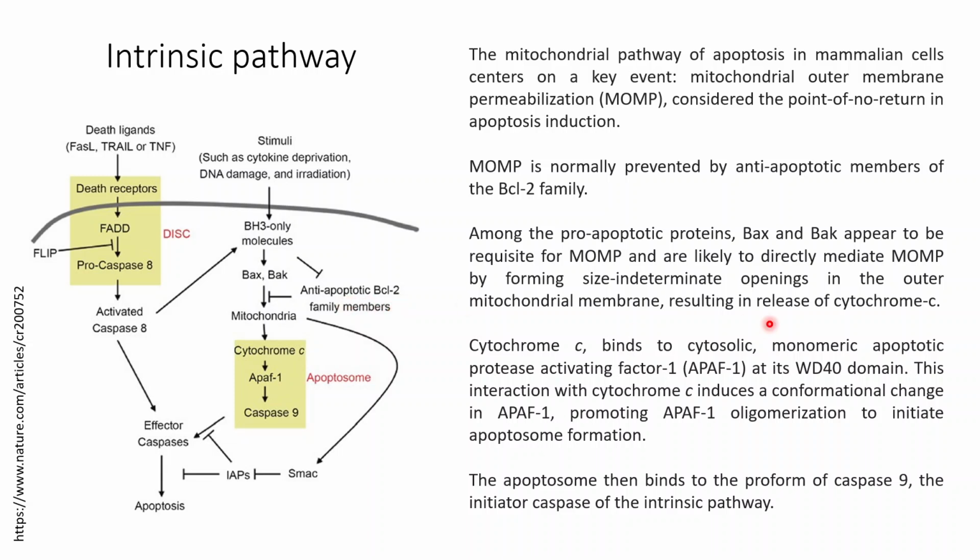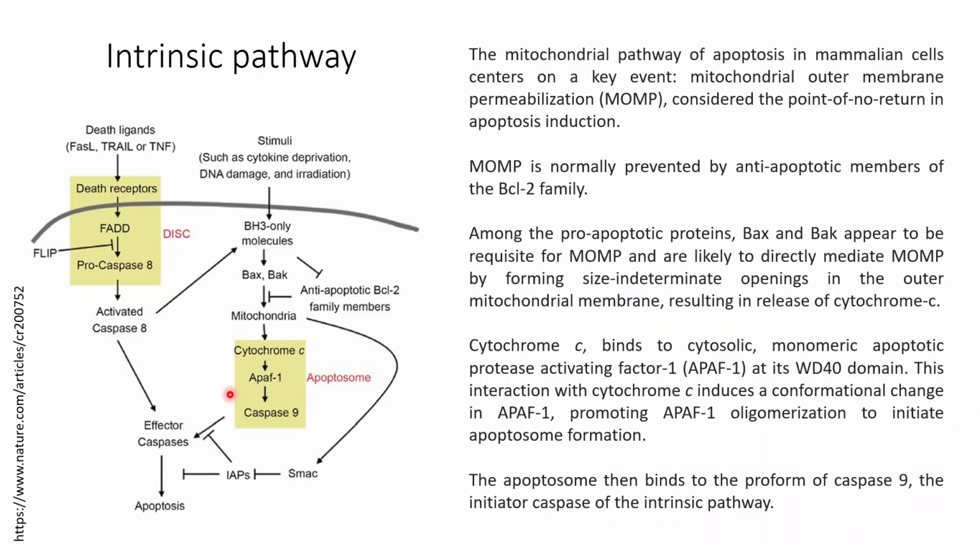Normally it's not there, but if it comes out of the mitochondria, it binds to a protein in the cytosol, apoptotic protease activating factor 1, or APAF1. Cytochrome C will bind APAF1, and this will then recruit caspase 9.